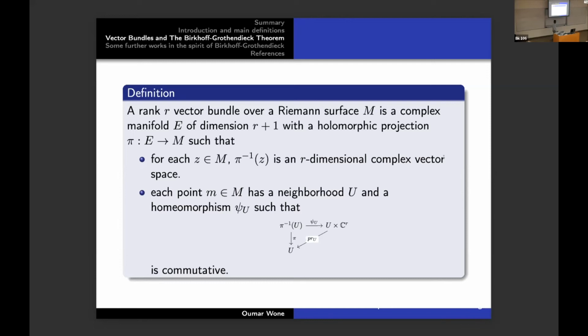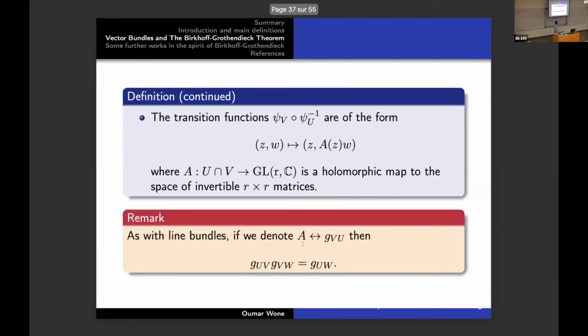And we have the local trivialization property. And the transition functions have, in this case, to still be linear in the fiber. But in this case, the map A is from the intersection U inter V to the rank r invertible matrices. And as in the case of line bundles, we have the cocycle condition in this way.